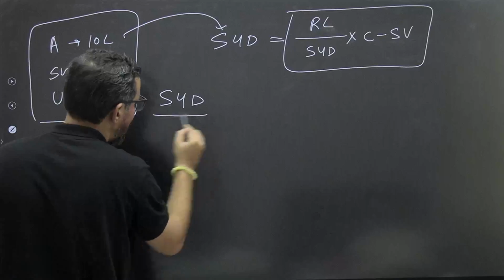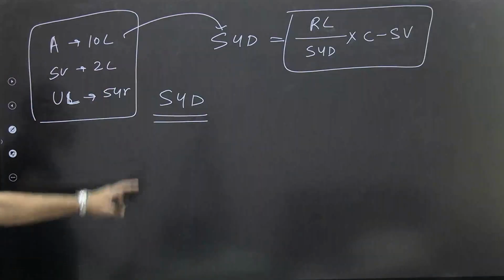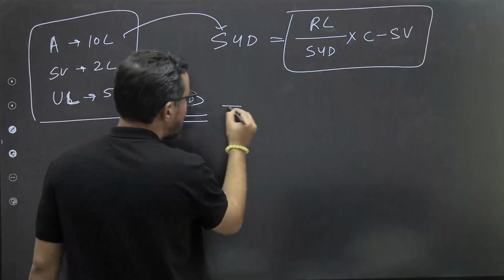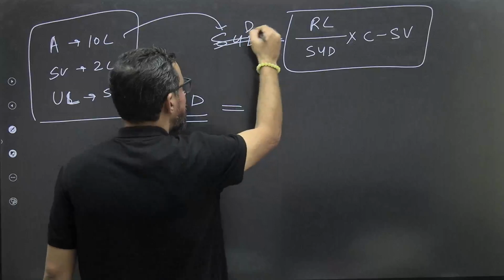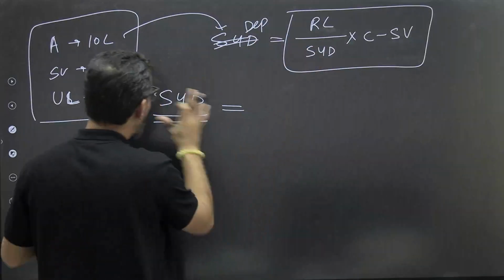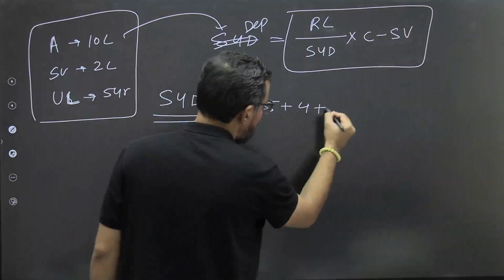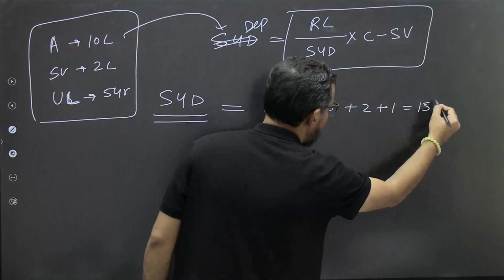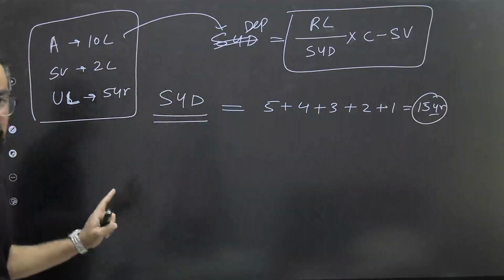First you have to calculate the sum of year digit. Sum of year digit is the sum of these 5 years, meaning 5 plus 4 plus 3 plus 2 plus 1, which is equal to 15. So the sum of year digit is 15 years.